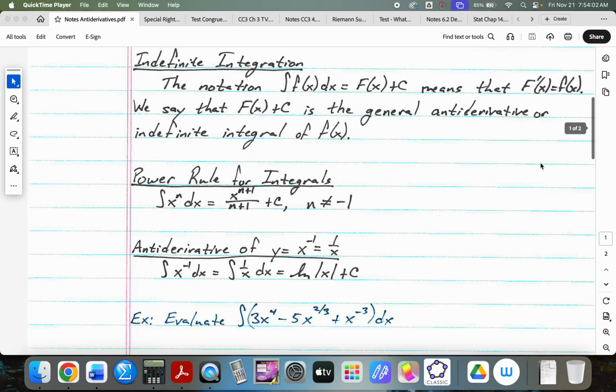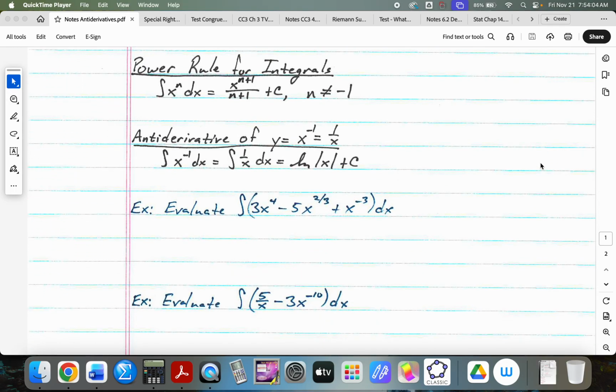All right, so let's start with the power rule. You have kind of figured this out already. The integral of x to the n dx is equal to x to the n plus 1 over n plus 1, plus c. Just real quickly, I'll add that I usually think of it more like this, as 1 over n plus 1, and I know it's not that different, times x to the n plus 1 plus c.